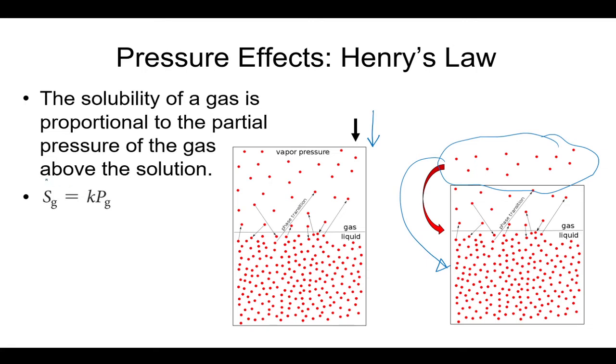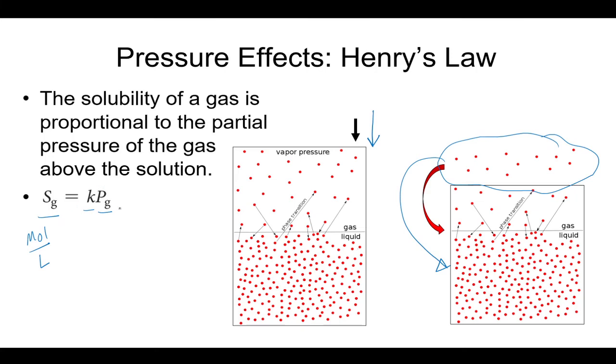Okay, this comes down to Henry's law, a distinct formula for solubility, the pressure, and this constant. Each of these has unique units. The solubility is usually in a concentration unit like molarity, so moles per liter.